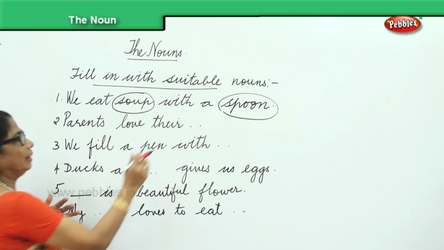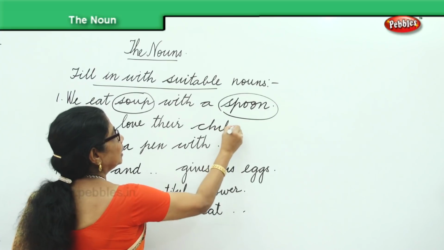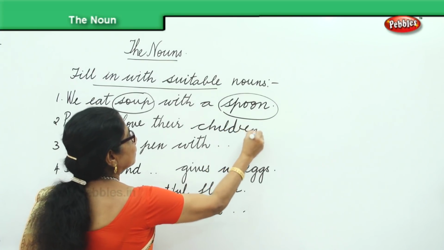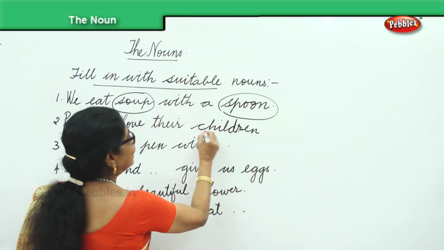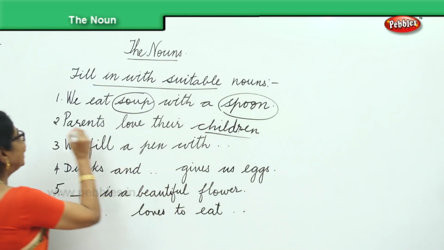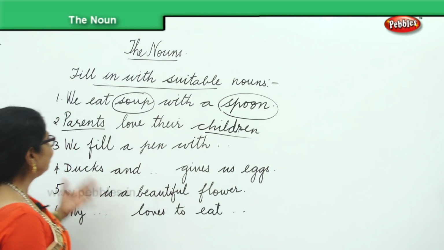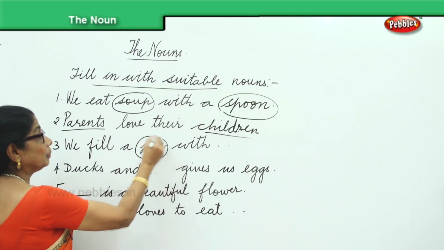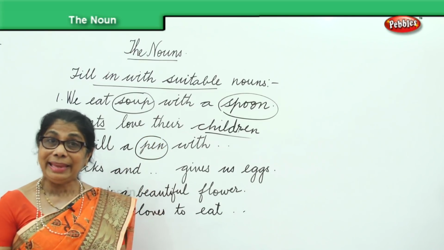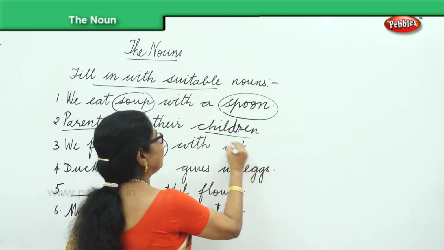Parents love their children. Very good. Children, that is a noun. Parents also noun. So, we have two nouns there again. Then we have, we fill a pen. Pen is a noun. With what? With ink? Yes, very good. Ink is a noun again.